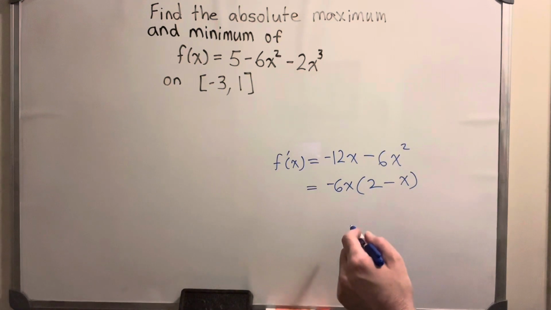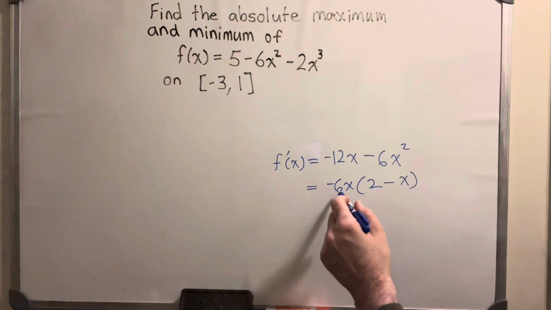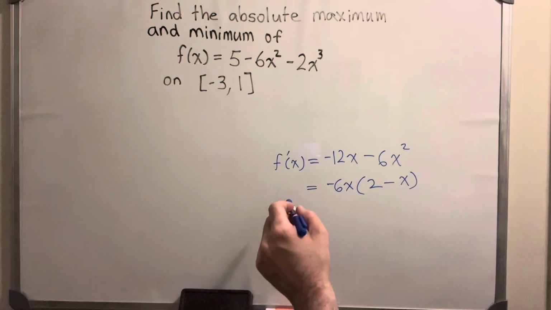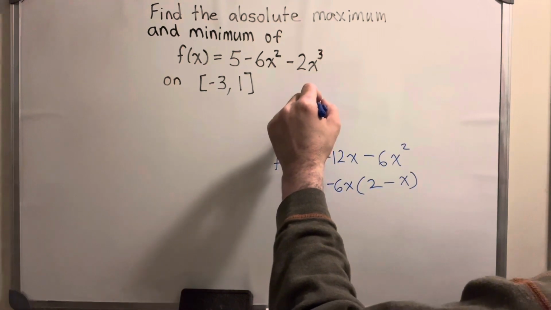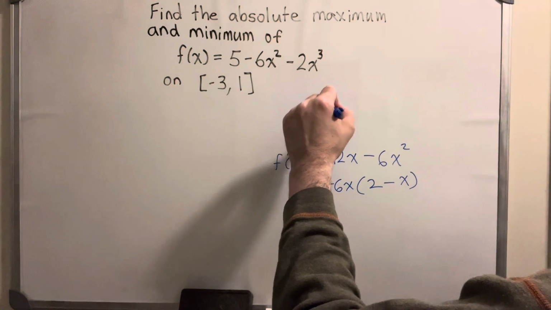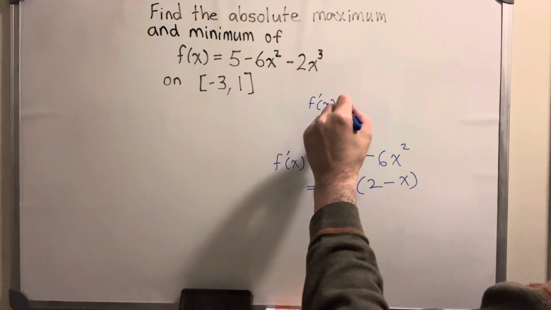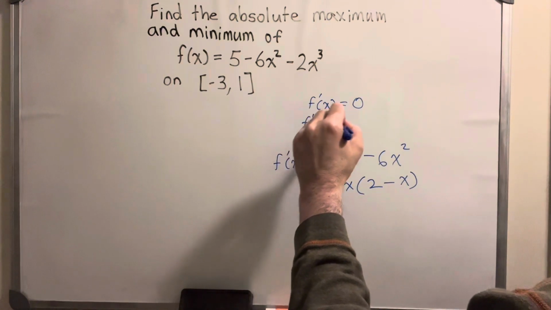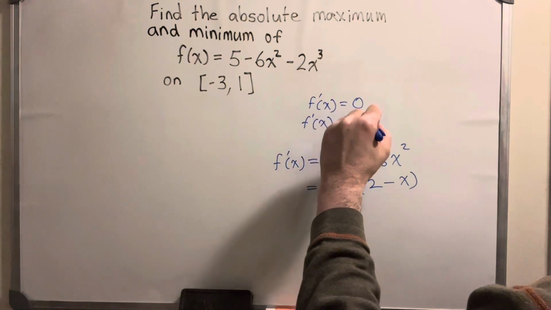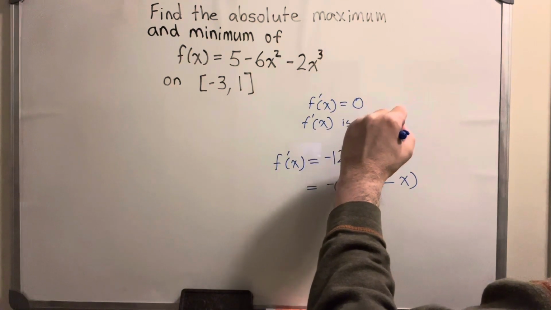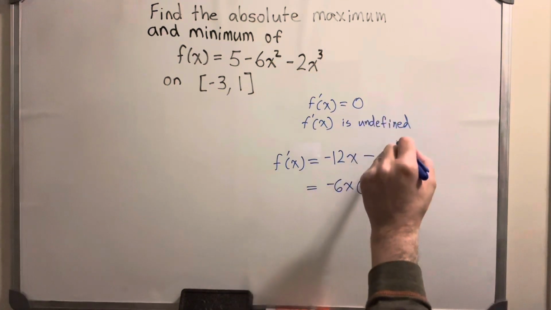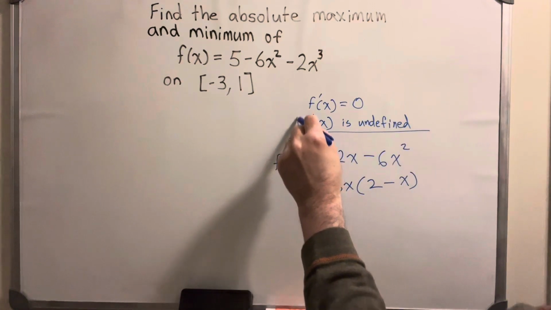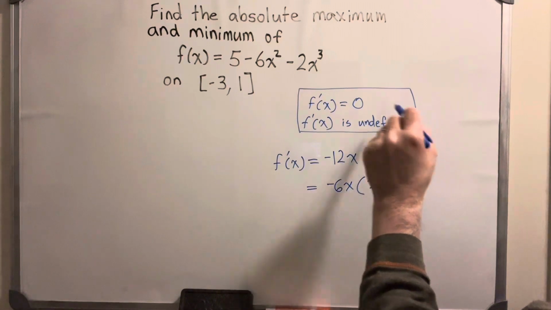And what values of x make this equal to 0? Because for critical points, we care about where the derivative is 0, and we also want to check where the derivative is undefined. These are commonly called critical points.